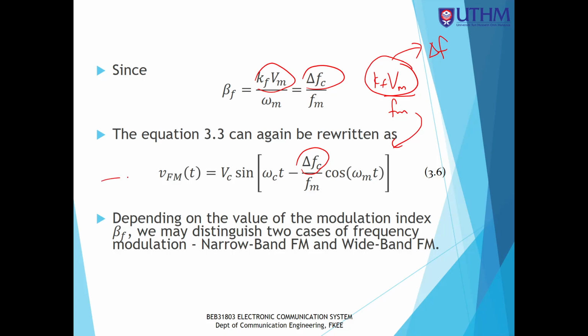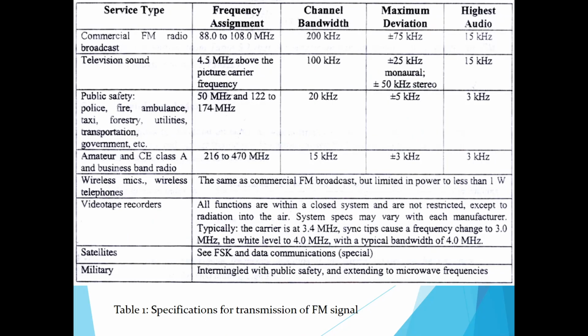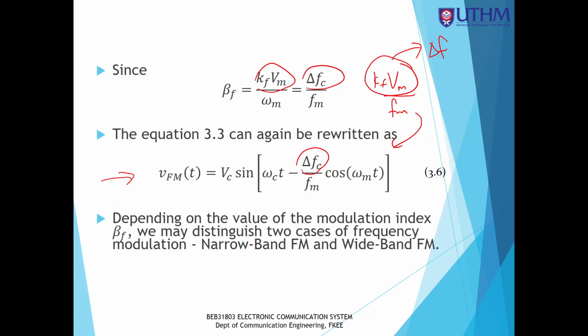So this is the Fm equation: Vc sine 2 pi Fct plus minus beta F, and beta F becomes delta F over Fm. What is delta F?